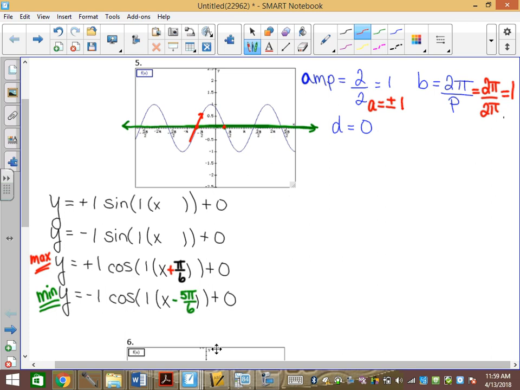It's 8. So it's going to be at 8 pi over 12, which reduces to, except negative, 2 pi over 3. You're taking a 4 out of both, guys. 12 divided by 4 is 3.